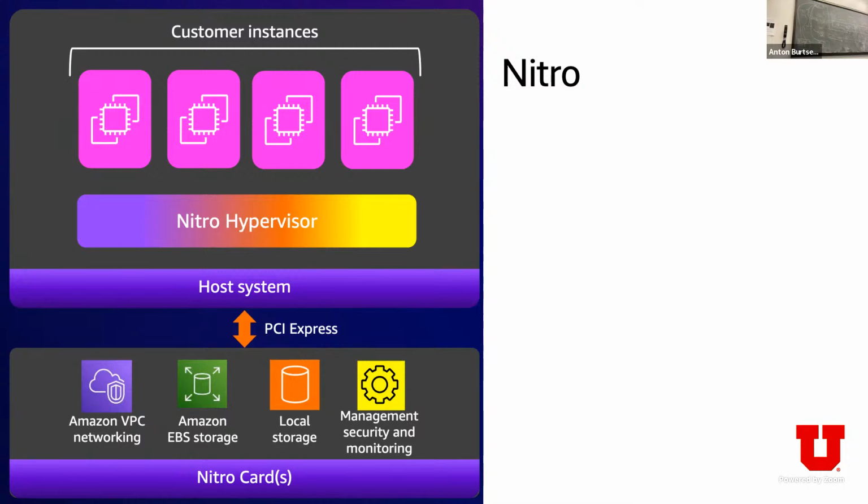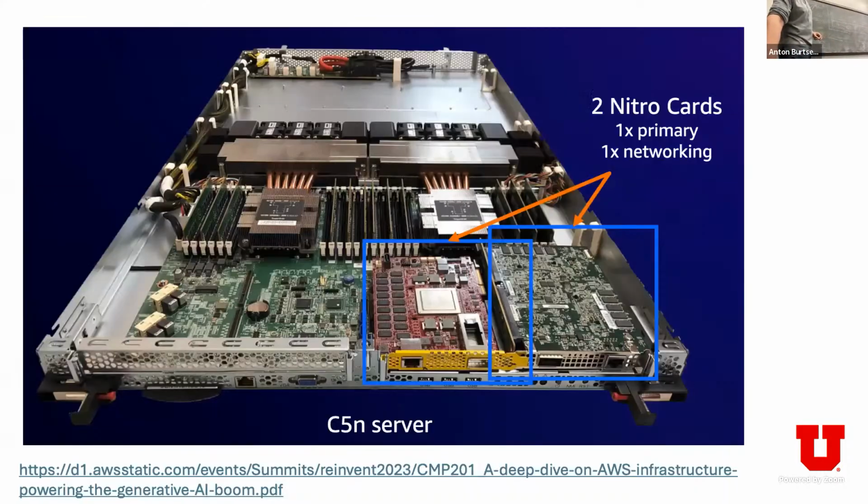Each of those are connected over PCI bus to those Nitro cards, which are running newer formats, right? So it might not be tested, there might be some.